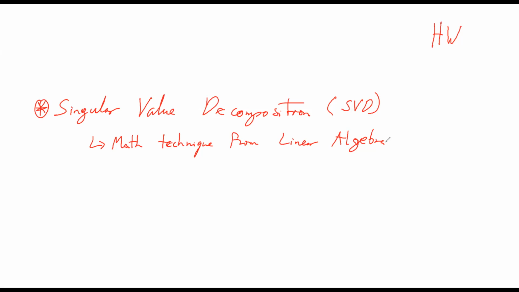Okay, in the case of singular value decomposition, all we need is the X data. We don't need labels for this technique, right? So we will not need to figure out labels, although singular value decomposition could actually be used in supervised learning as well.